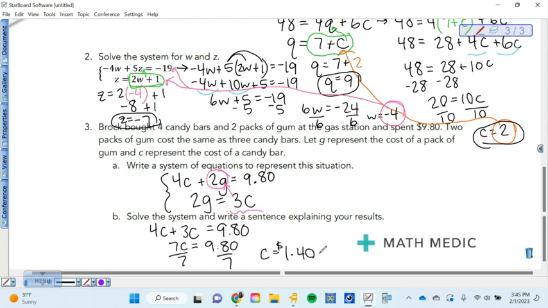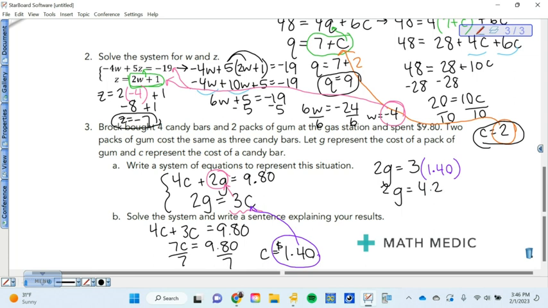That works. But yeah, I can take that 1.4 and plug it in for C. Okay, so that second equation can become 2G equals 3 times 1.4. And then what's 3 times 1.4? 4.2.